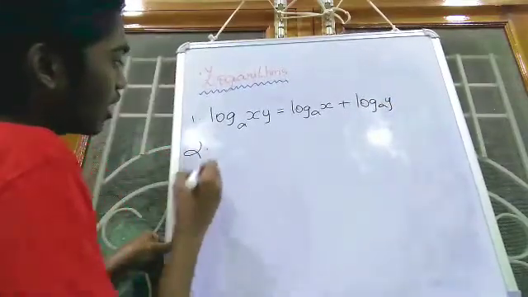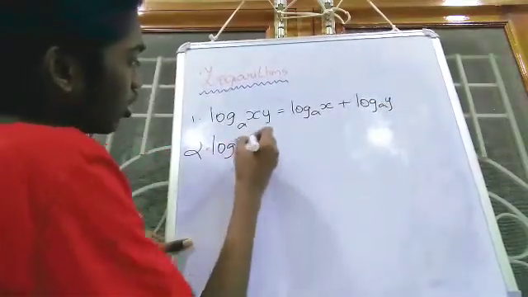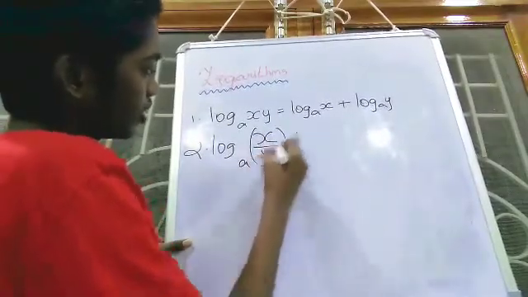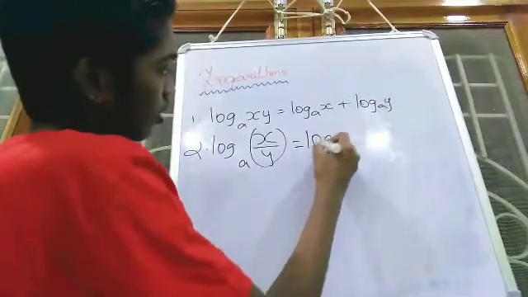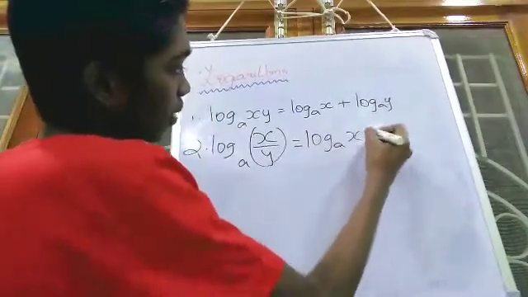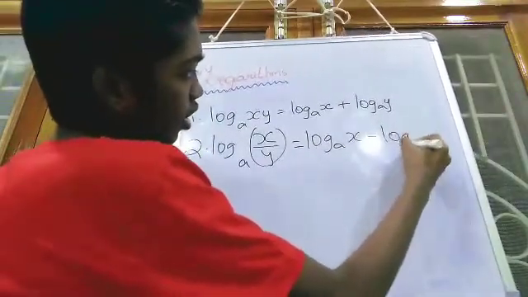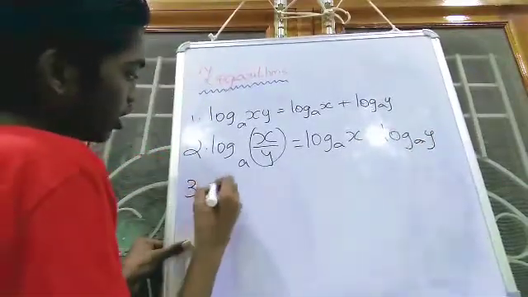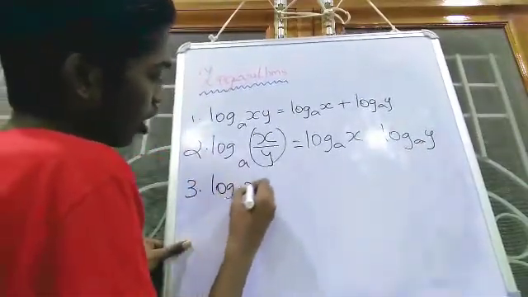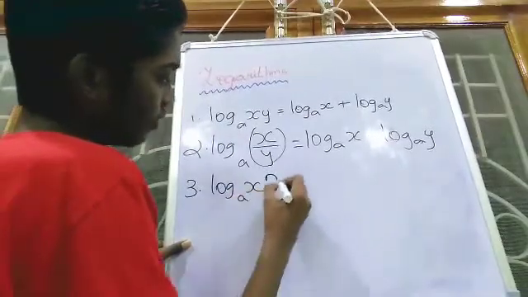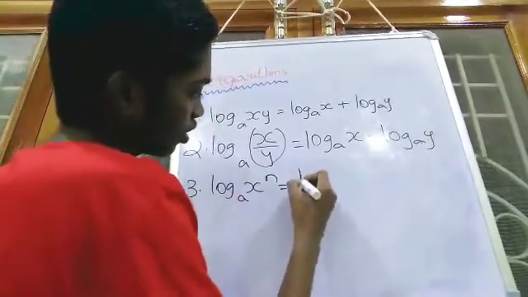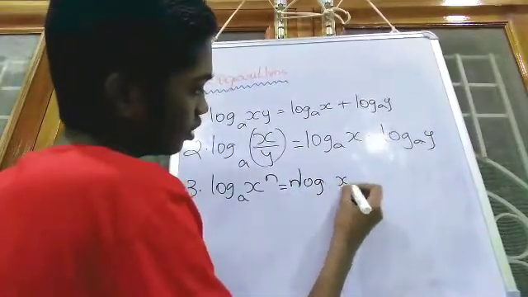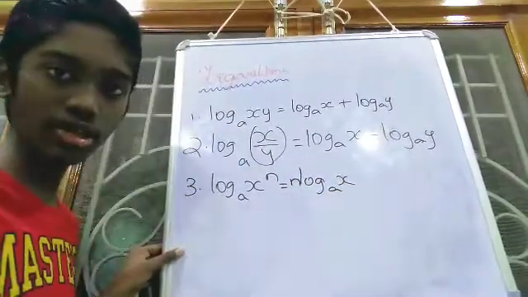And the second identity is log x by y to the base a is equal to log x to the base a minus log y to the base a. And the third identity is log x power n to the base a will be equal to n log x to the base a. These are the three logarithmic identities.